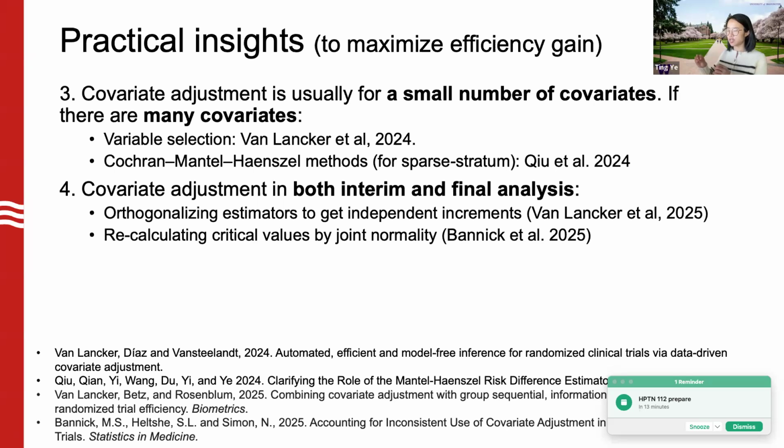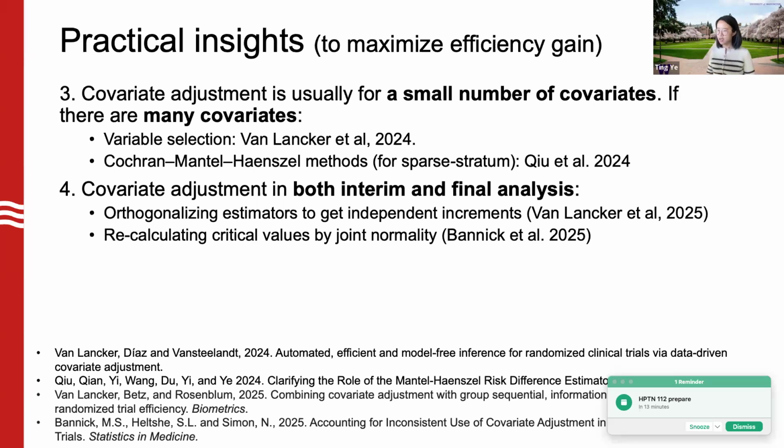But one needs to adjust for the fact that covariate adjustment is used in both interim and final, because the standard independent increment argument for the group sequential design is not very rigorous in this setting with covariate adjustment. So there are methods to fix that. The first one, proposed by Van Lancker, is to orthogonalize the estimator to still get independent increments.